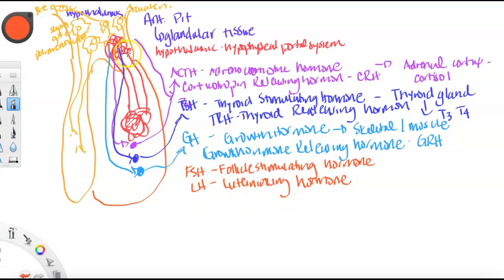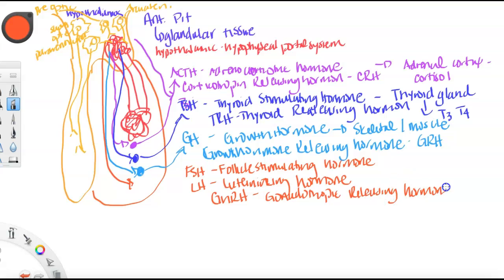And they are released from the hypothalamus by gonadotropic releasing hormone. And that stimulates a gonadotrope that will secrete FSH and LH.